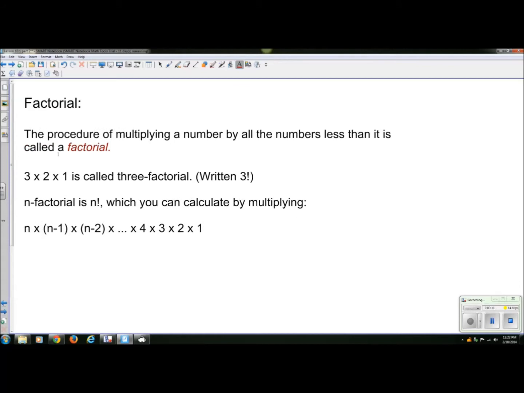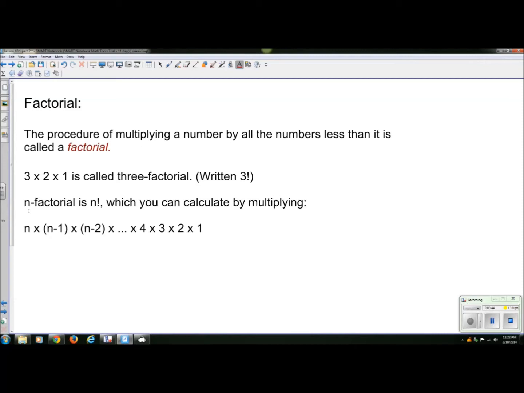This process of multiplying a number by all the numbers less than it is called a factorial. So 3 times 2 times 1 is called 3 factorial. The notation for factorial is the number of things that you're permuting followed by an exclamation point. So this is written 3 factorial. And you don't have to yell it; you can just say 3 factorial. If you do yell it, people will probably be confused.